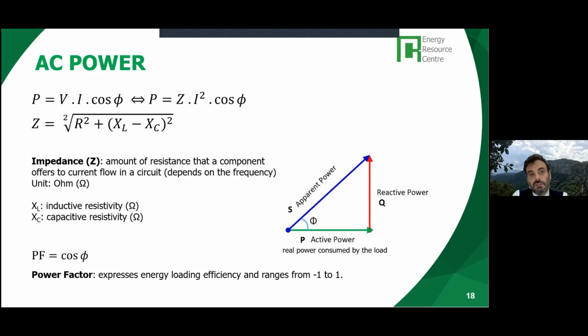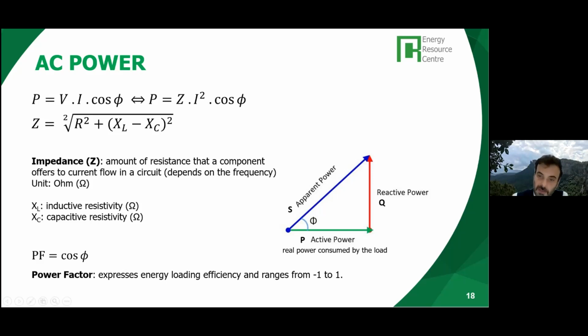So we need to include the waveform, and the simplest equation we have for that is to include the cosinus of the angle phi, which is the angle between the active power and the apparent power.